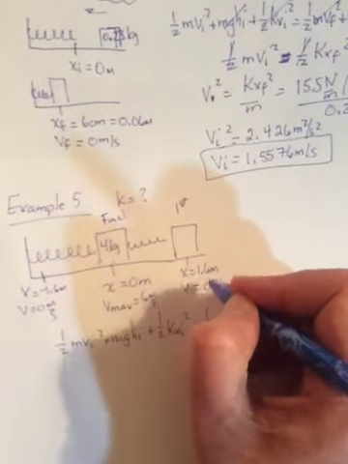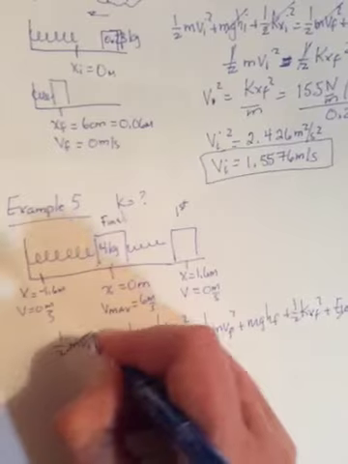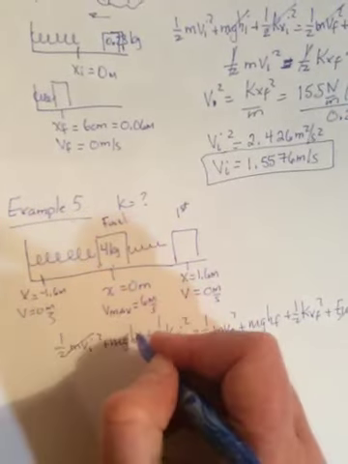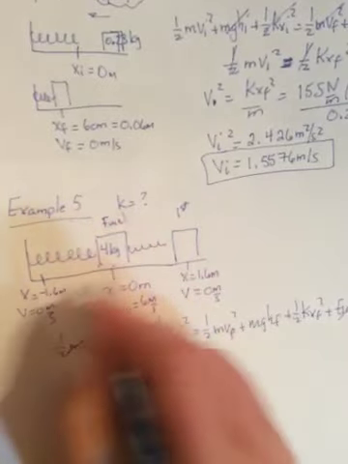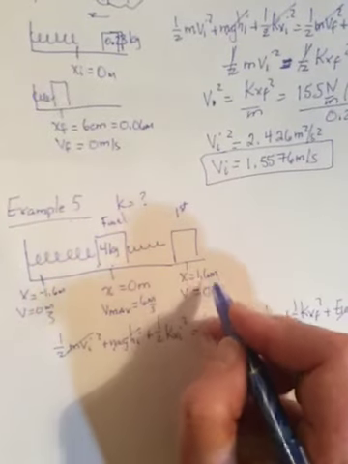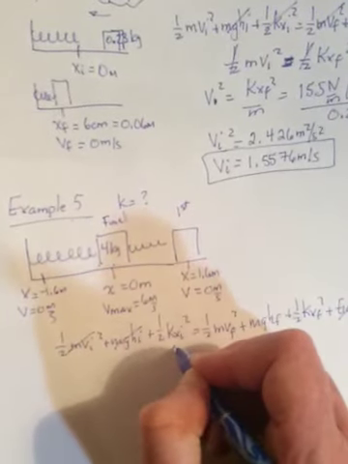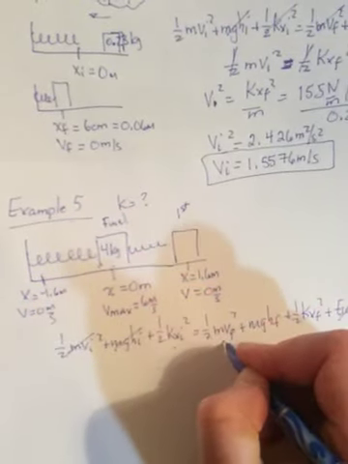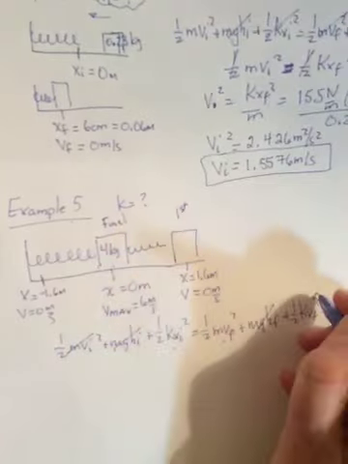So if this is my initial, there's no speed out there. And whatever the height is, it isn't changing, so we'll just call that height equal to 0. And there is an x, so this term stays. In the final, in the middle here, there's a speed, no height, no x.